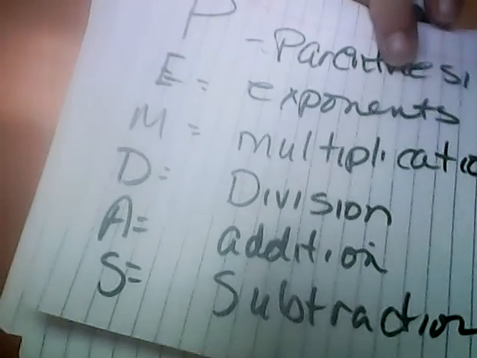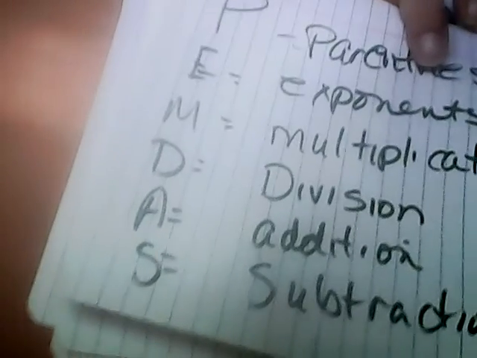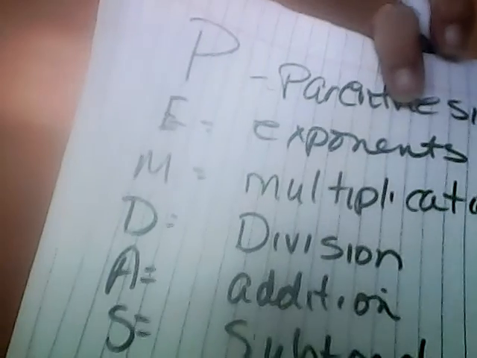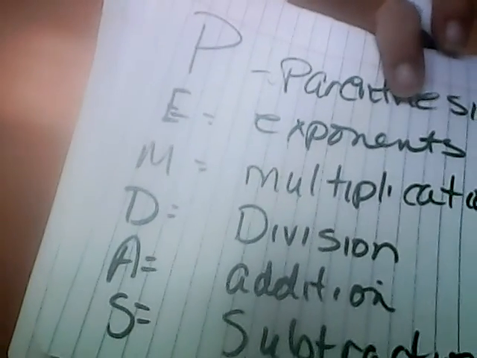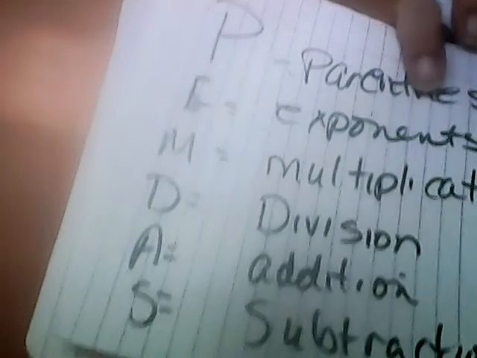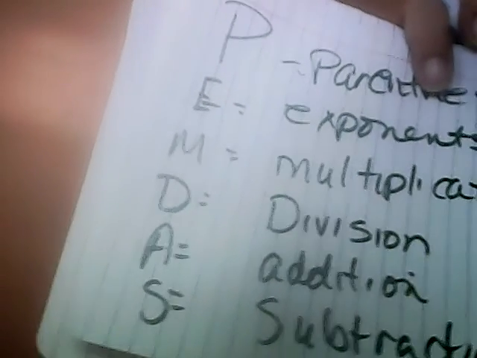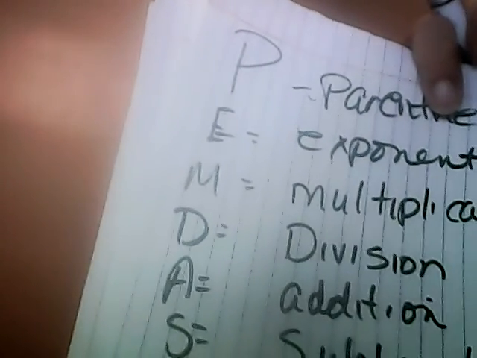Expressions with parentheses are inside groupings. The parentheses are what they call a grouping. It's putting numbers inside something. It's a symbol. And whatever's inside those parentheses, including exponents, has to be done first.